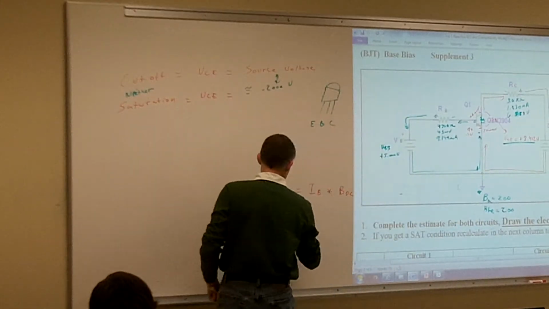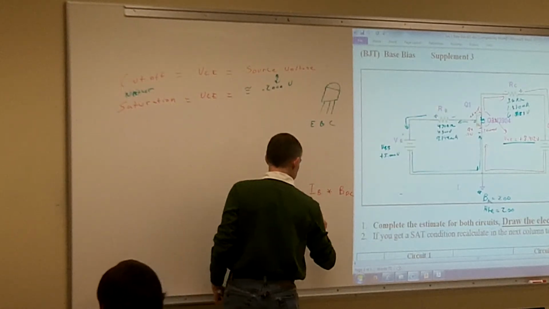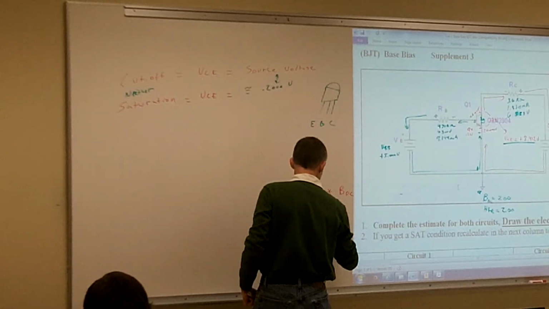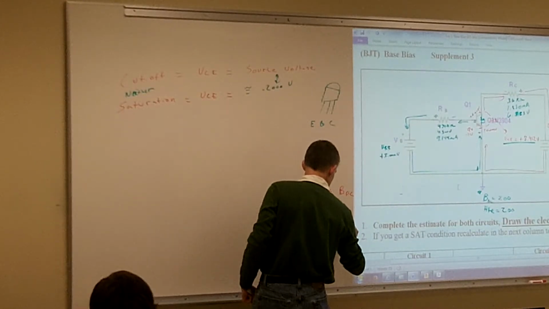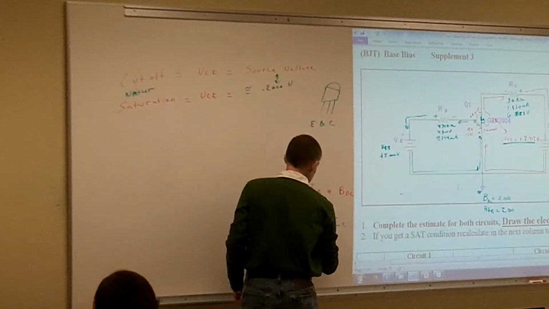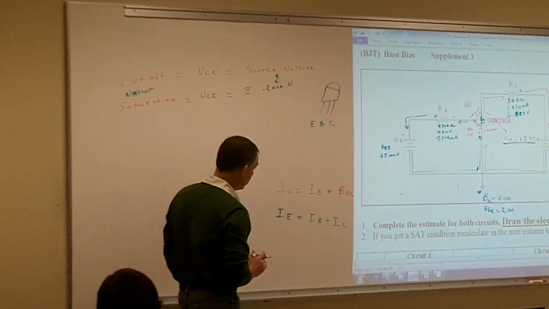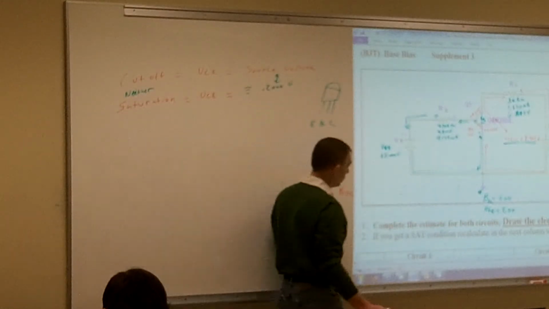So our emitter current is equal to IB plus IC. That's how we determine what our emitter current is.